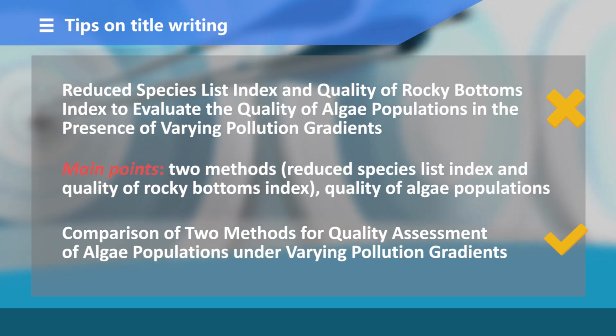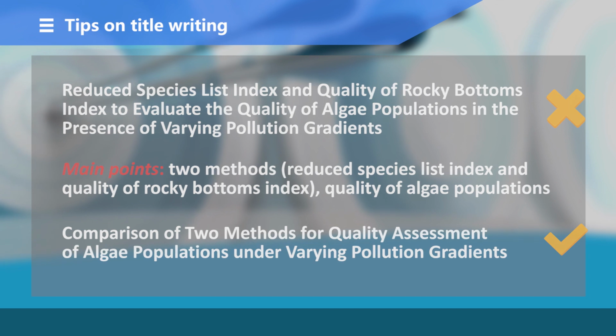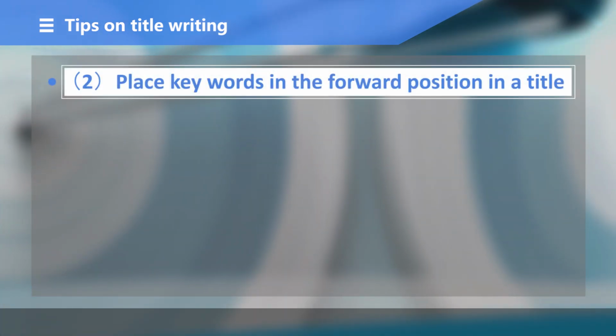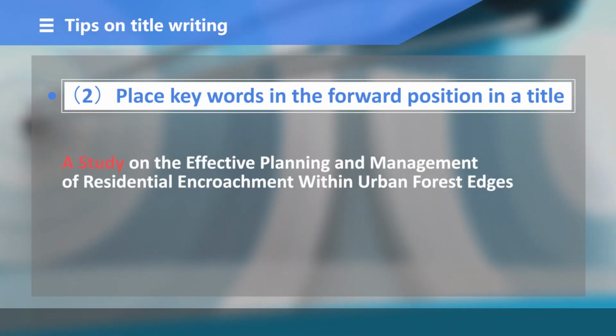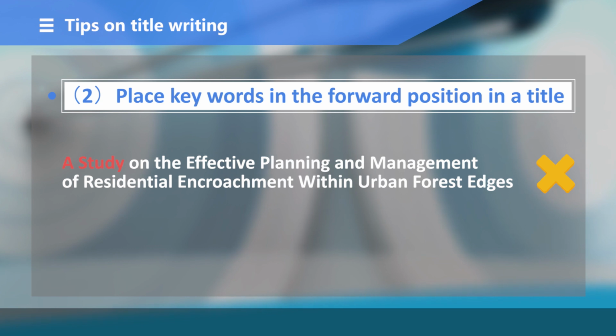A good way to write a title that can capture readers' attention is to place keywords in the front position in the title. 还有一种方法就是确定论文的关键词，并把这些词，尤其是能抓住读者的注意力的关键词，放在题目较靠前面的部分，这样使标题提供的信息更加丰富，同时有助于引起读者的兴趣。你的论文题目也会较容易的被文献浏览器有效的检索出来。For example, a study on the effective planning and management of residential encroachment within urban forest edges.